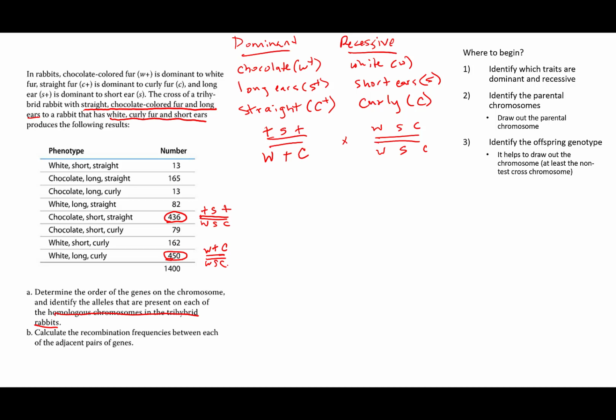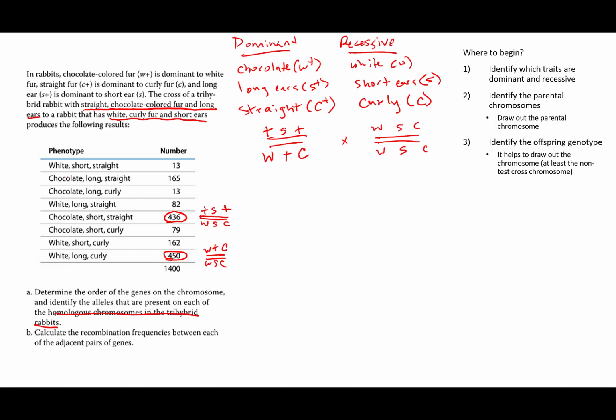And remember, all of these are going to have this chromosome on the bottom. So you could draw all these out, or you could just remember that our bottom is all recessives, and so I'm going to just draw the top chromosome.